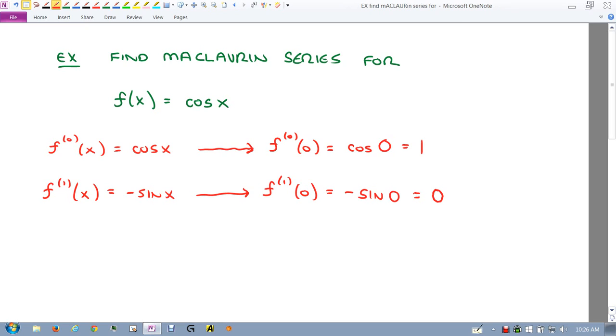All right. Second derivative. What is the derivative of negative sine x? Negative cosine x. And what is 0 plugged into negative cosine of x? Negative 1.